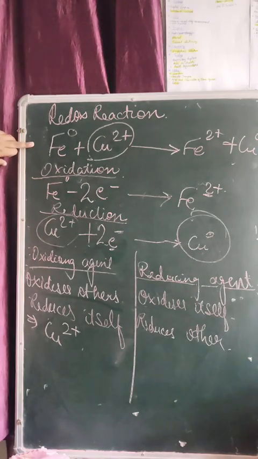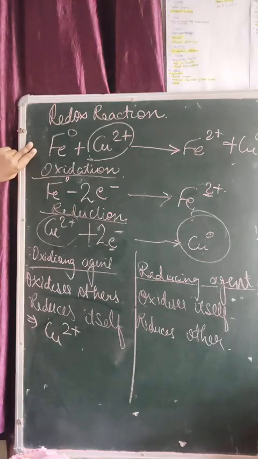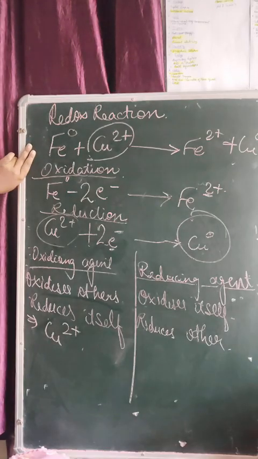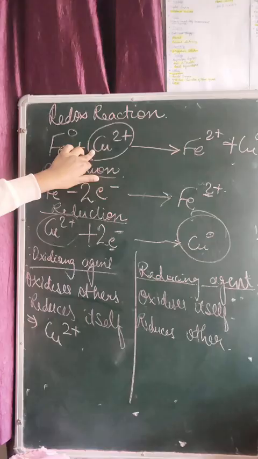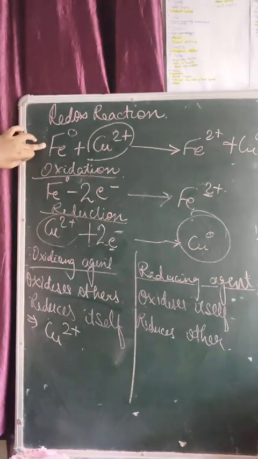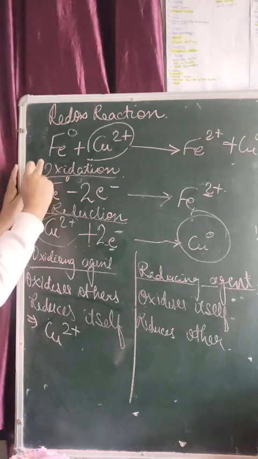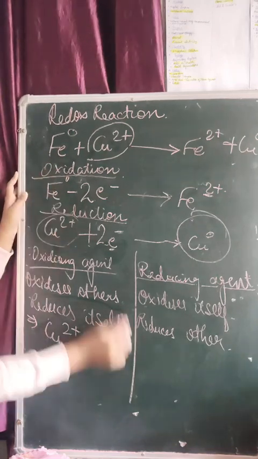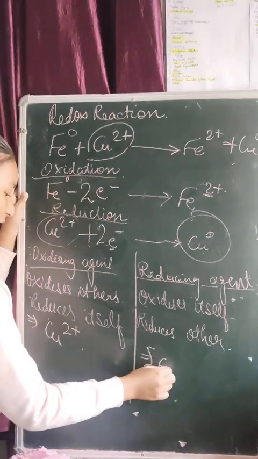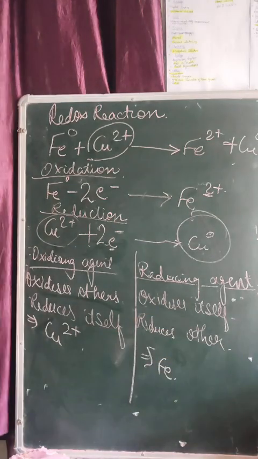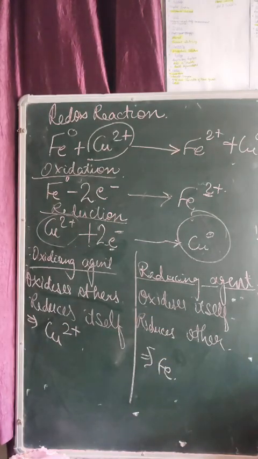In this reaction, which element is reducing the other element? Cu2+ is getting reduced by whom? By Fe, because Fe is giving the electrons. So here the reducing agent will be Fe with no charge. So this is the reaction.